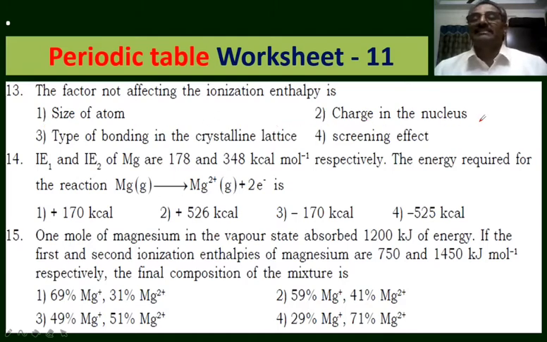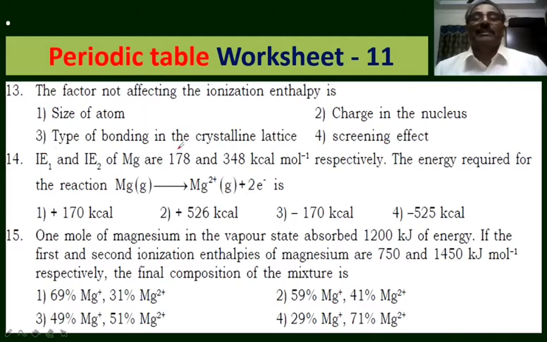If the nuclear charge increases, the electron is bound strongly by the nucleus, so ionization energy will increase. As the screening effect increases, the nucleus doesn't show its complete effect on the outer electron. As a result, the electron can be removed easily. So the screening effect also affects.